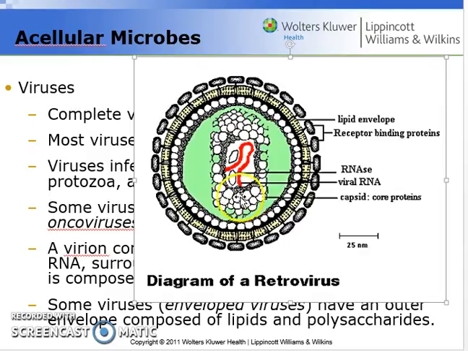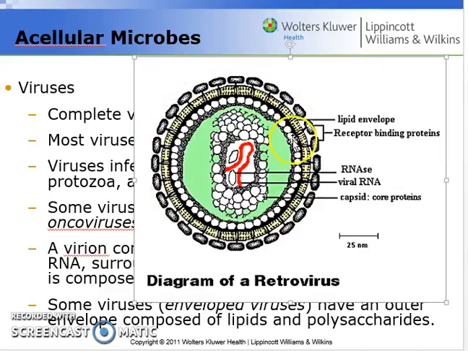Okay, so this is your typical structure of a virus, and then surrounding the virus you essentially have this layer that's also considered an envelope, because the envelope is what's going to surround this particular virus. Again, not all viruses have envelopes, but the envelope consists of lipids and polysaccharides, and on the outside of the envelope you also have these little receptor regions, which are called receptor binding proteins.